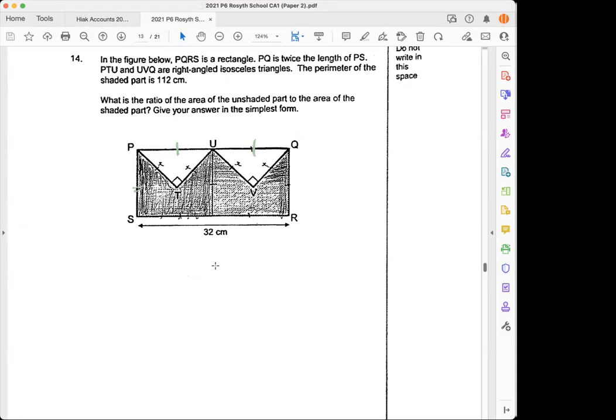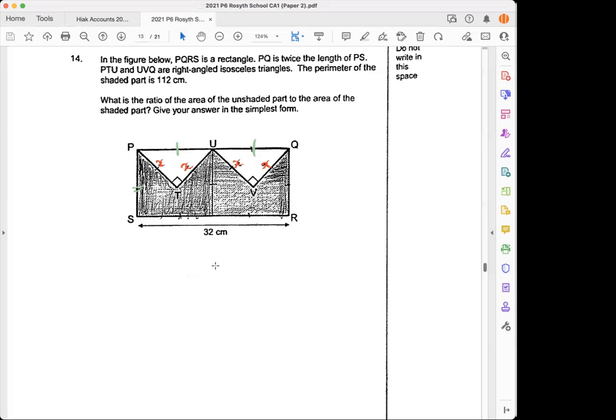Now, PTU and UVQ are right angle isosceles triangles. The diagram already indicates x. So basically what this means is these are equal, these have the same value, and they denote it as x.